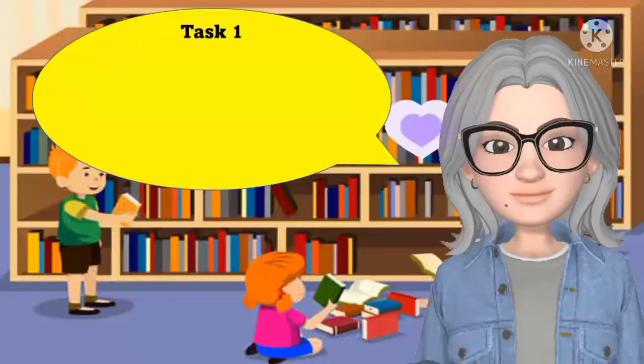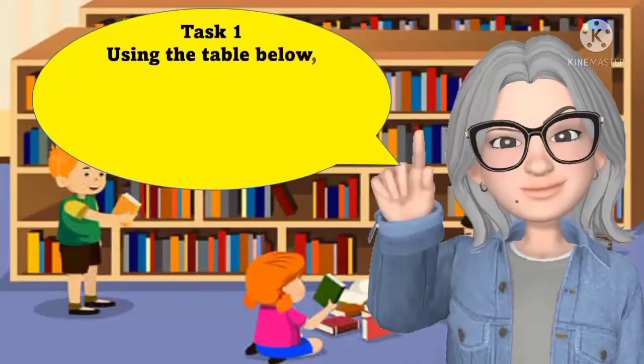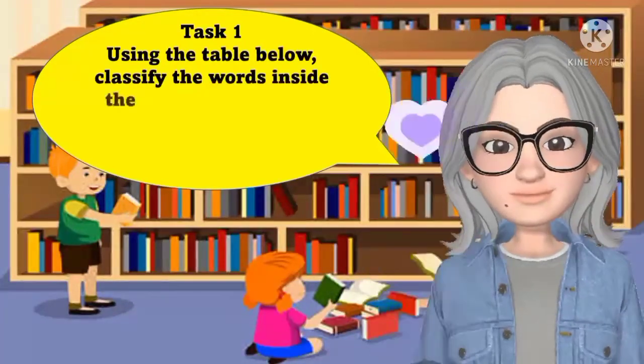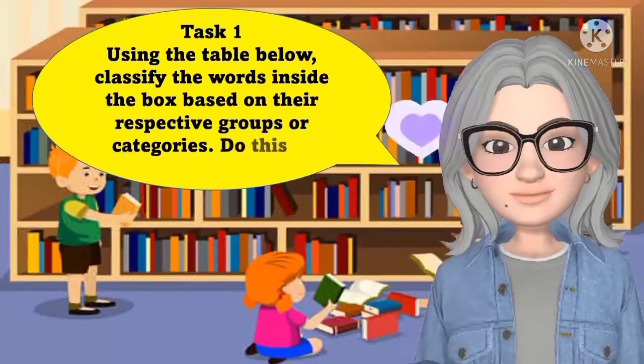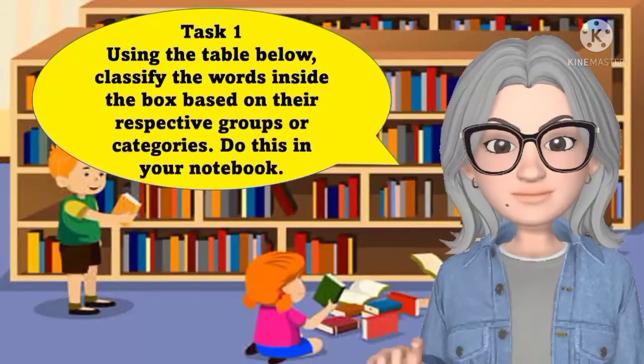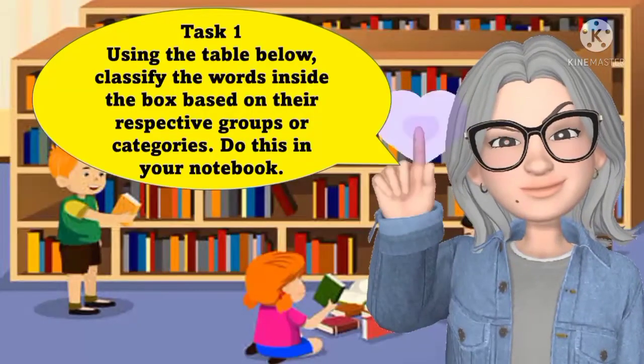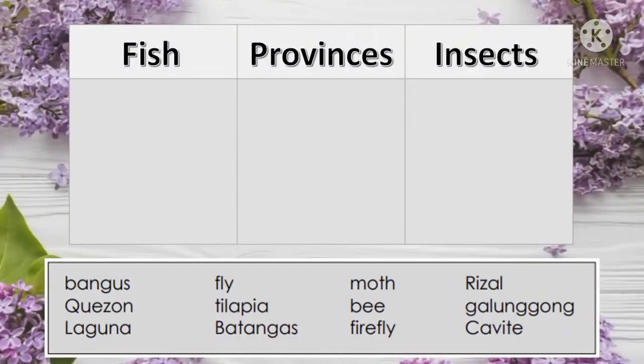For task 1, using the table, classify the words inside the box based on their respective groups or categories. Do this in your notebook. We have 3 groups here: the fish, provinces, and insects.